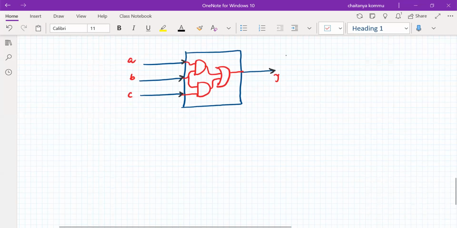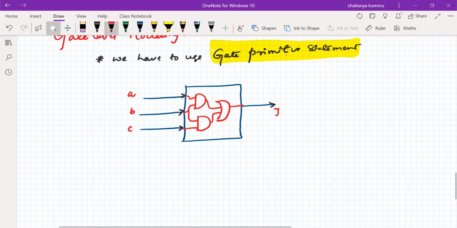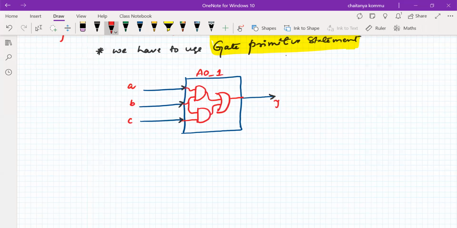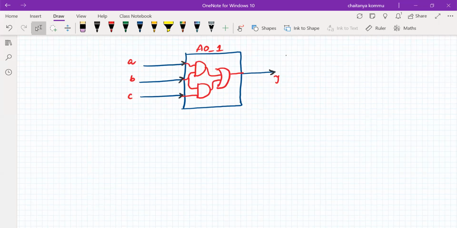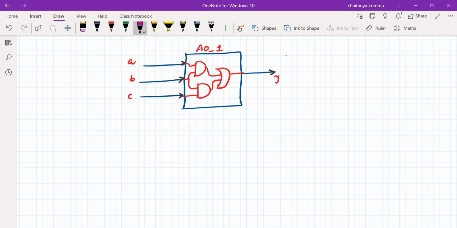Now, how do we describe this circuit? Let us give the name of the circuit, as I mentioned, AO_1, for example. Let us write how we describe the circuit now. If you want to describe any circuit with the help of Verilog HDL, we have to treat this particular black box as a module.